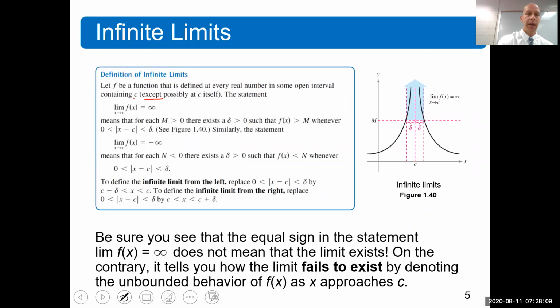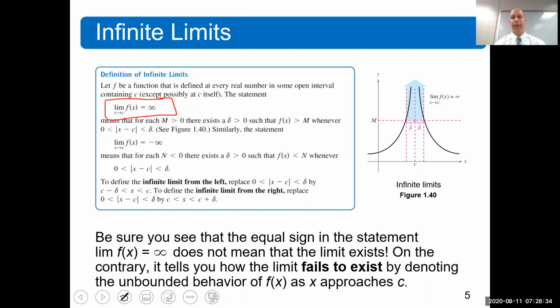Then the statement, the limit as x approaches c of f of x equals infinity, means that for every uppercase M greater than 0, there exists a delta greater than 0, such that f of x is greater than M whenever 0 is less than the absolute value of x minus c, which is less than delta.